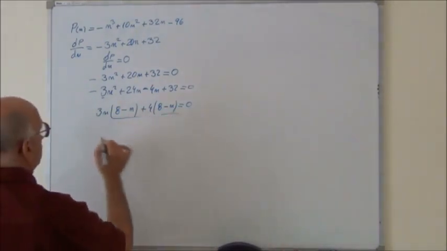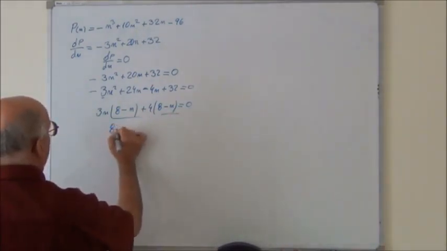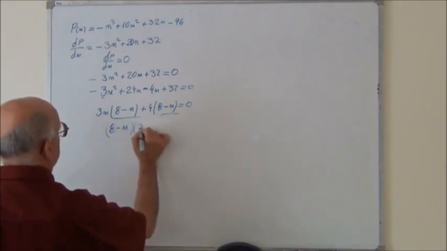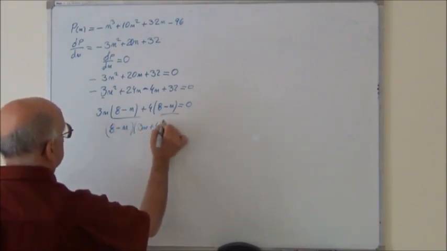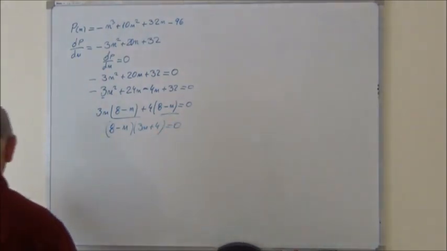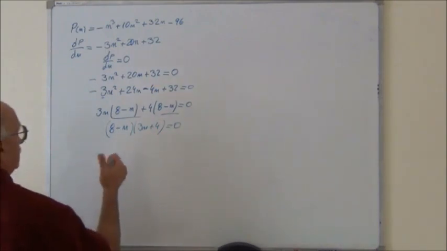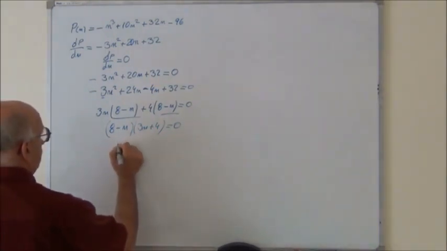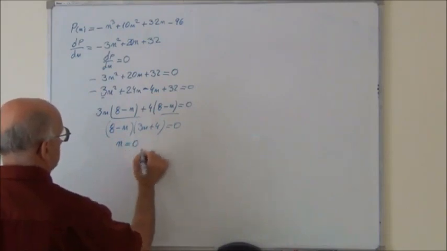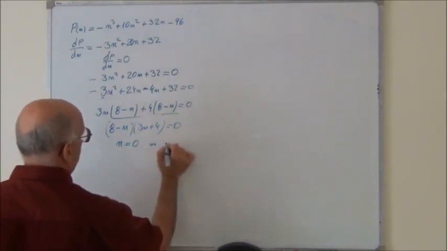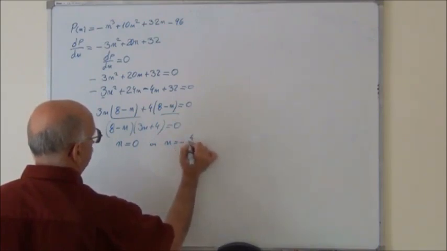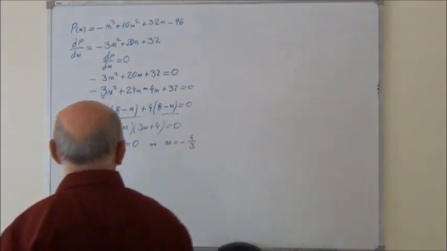We have the common factor 8 minus n multiplied by 3n plus 4 equal to 0, and by the null factor law n equals 8 or n equals minus 4 on 3.